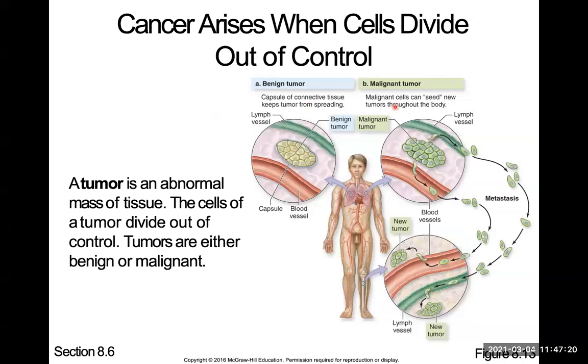Whereas this one here, well, you can see what's happening here. So the cells were dividing, and some of those cells started to leave and went to a new location and started to divide there. So it happens in multiple places.